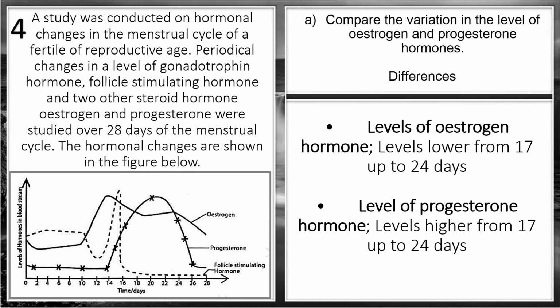The level of estrogen is lower from 17th up to the 24th. From 17th here up to around the 24th, it is lower than that of progestogen. And also, progestogen is higher from 17th to 24th. Progestogen is above the level of estrogen from 17th up to the 24th day.